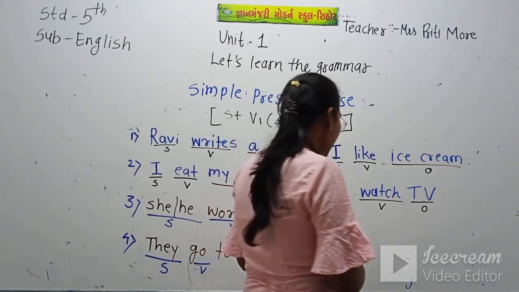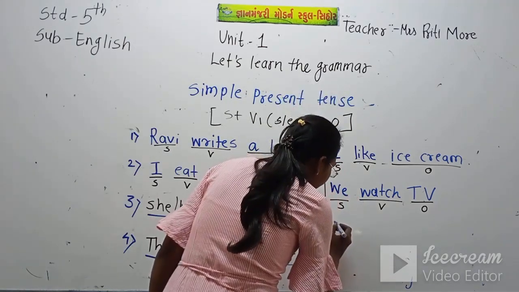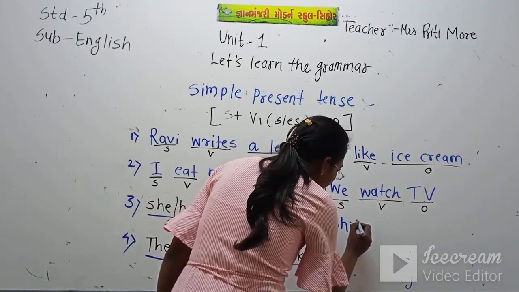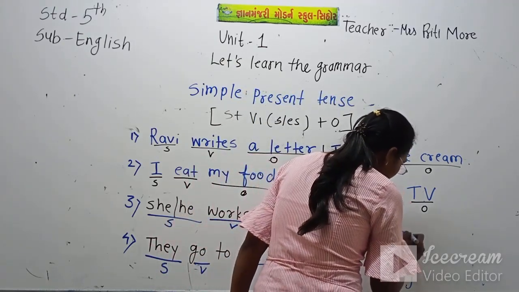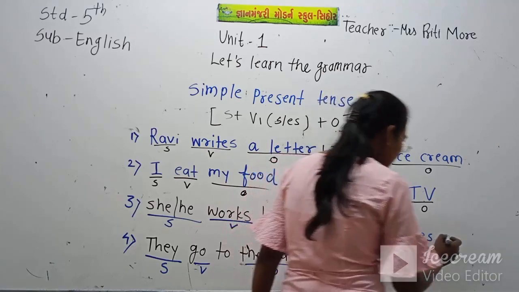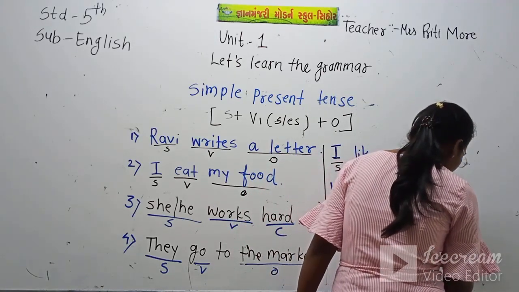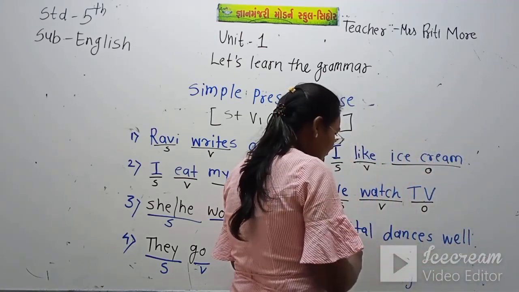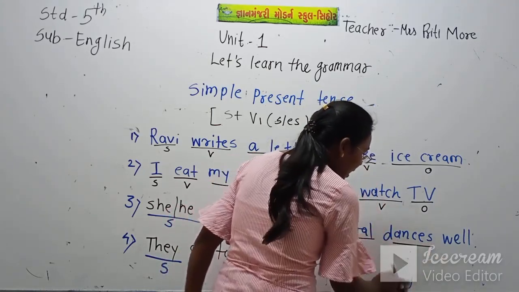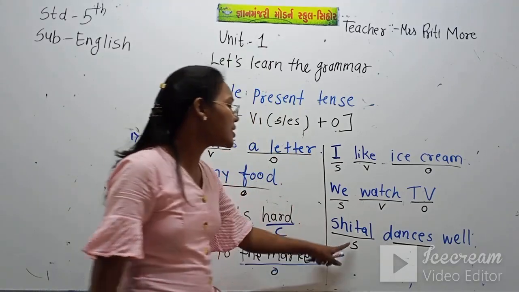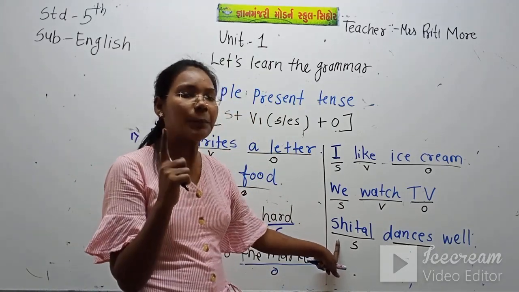Then again, let's write some sentences. Sheetal dances well. Now Sheetal is the subject. I write here dances because Sheetal is singular, one person.